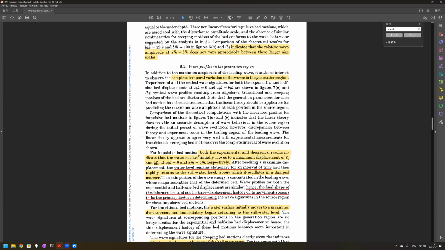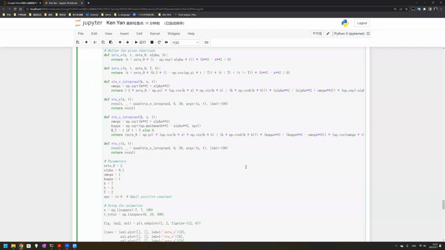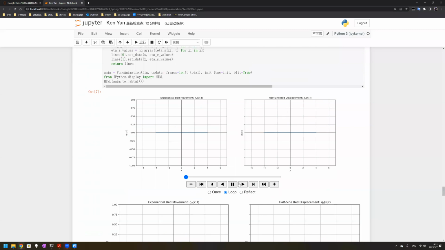For impulsive bed motion, the water initially moves to a maximum displacement of zeta naught at the center, and half of the total amplitude of elevation at the downstream edge, which agrees here, as you can see, reaching the maximum of zeta naught and half of zeta naught at the edge.